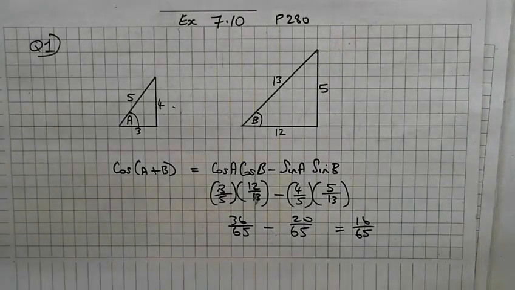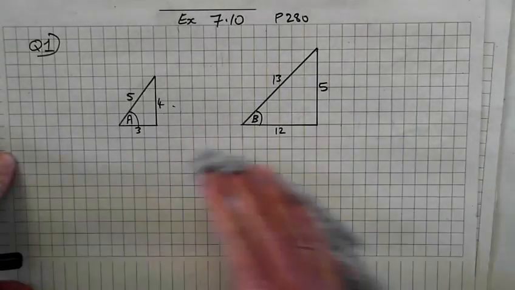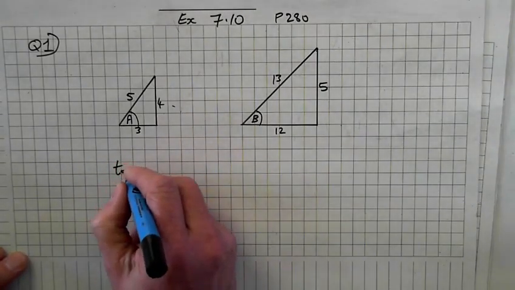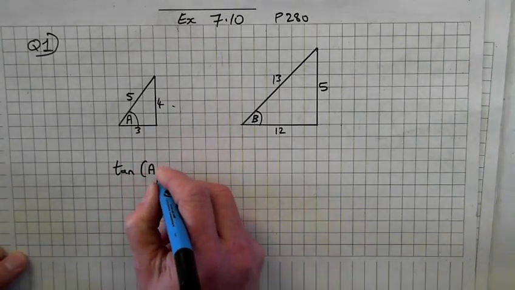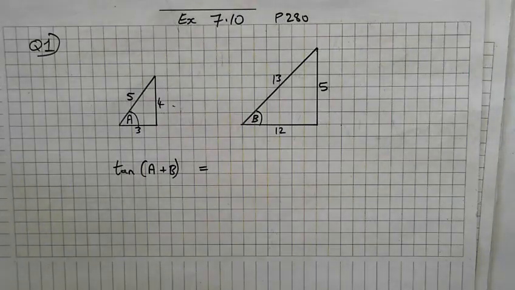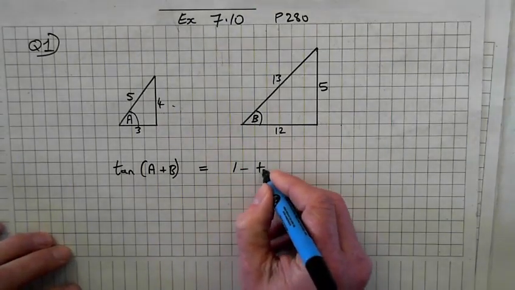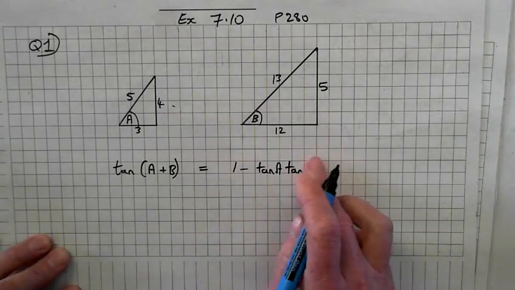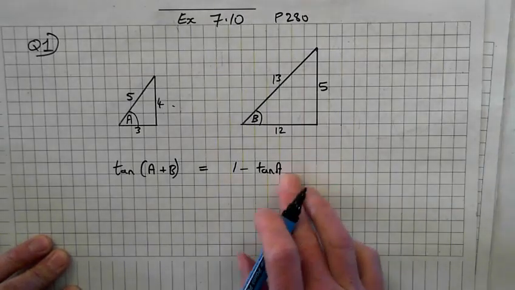All right. So the next one. We need the formula for. So it's 1 minus tan A, tan B, isn't it? No, that's on the one. It's tan theta plus tan B. Yeah.